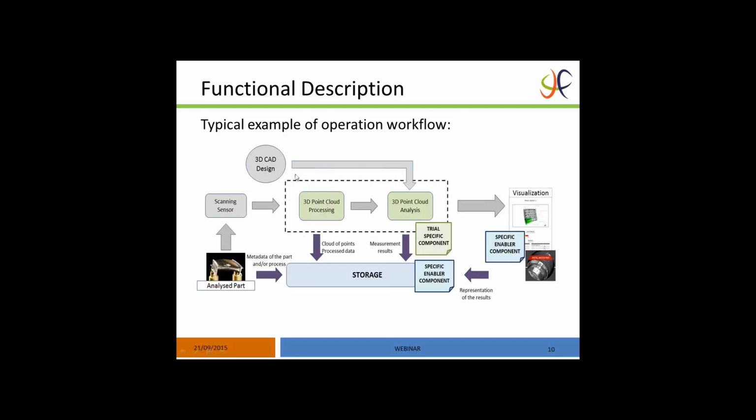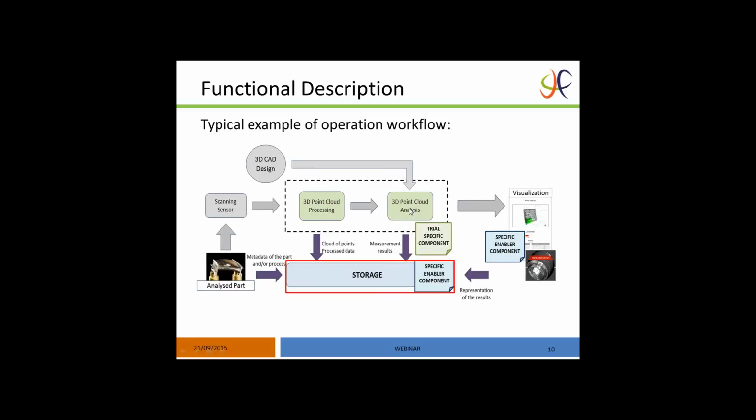This does not belong to the 3D Scan. There is another private component, and this will process the information obtained from the scanner technology. In this other module of this part of the workflow, we have another information input that is a 3D CAD design that enters to be compared with information of the analyzed part.